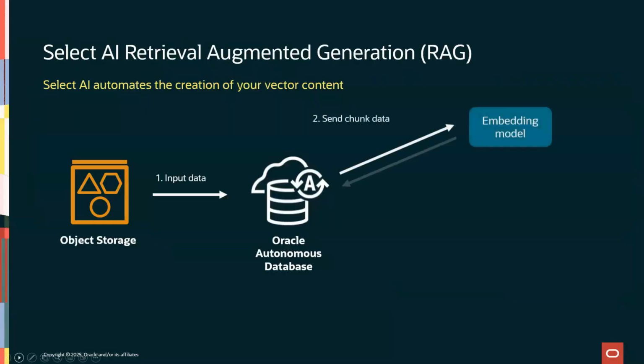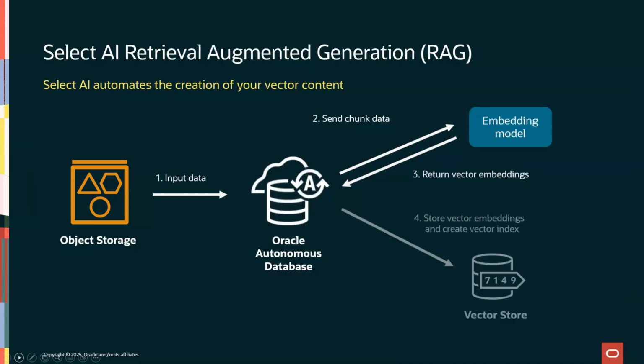This is a graph representation of Select AI with RAG on the setup side, the back end, when you want to create your vector store. All your data is stored in object storage. You take your text files, upload them to a bucket, and then log into your autonomous database. You'll see this in a minute, and don't worry, we have Git repositories that walk you through all the setup.